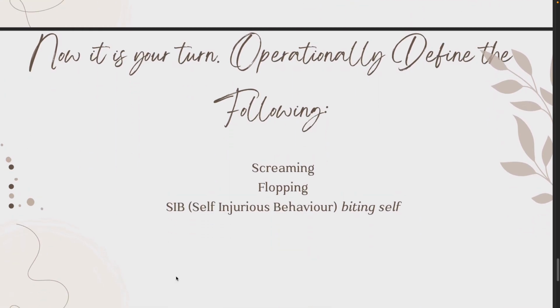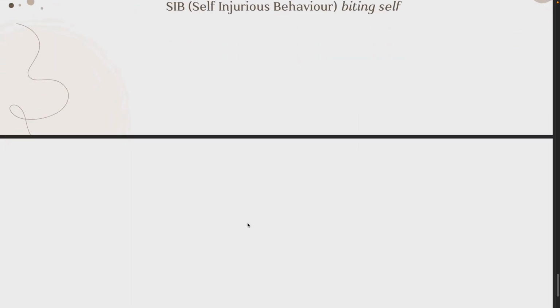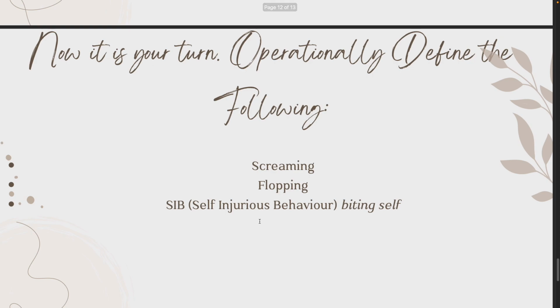So if you're up for it, now it's your turn. I would like you guys to operationally define screaming, flopping, and SIB. You can do an operational definition for one, you can do it for all of them, or you can just find new behaviors that you would like. Feel free to operationally define these in the comments.